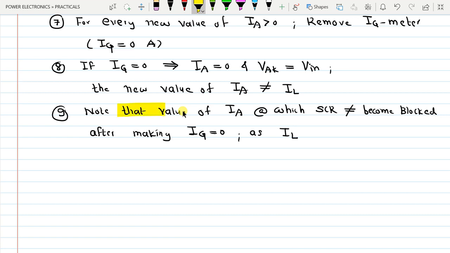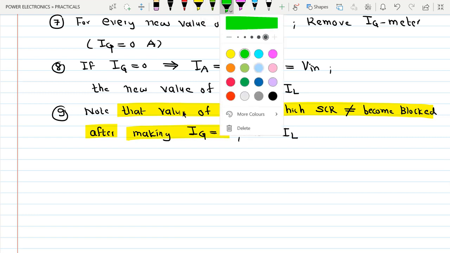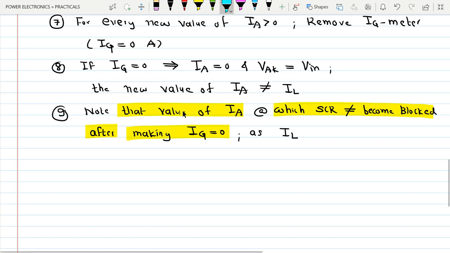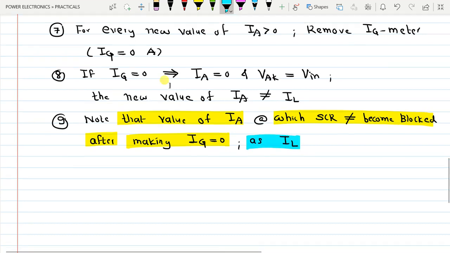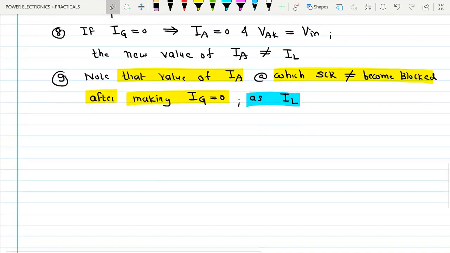Okay, so that value of IA at which SCR does not become blocked after making Ig equal to 0 as IL. Okay. Third bit is to measure holding current.